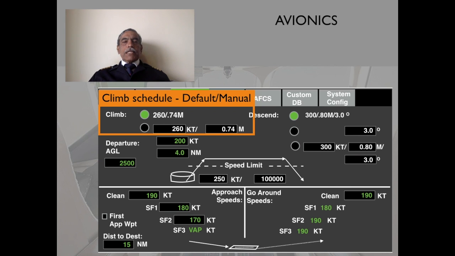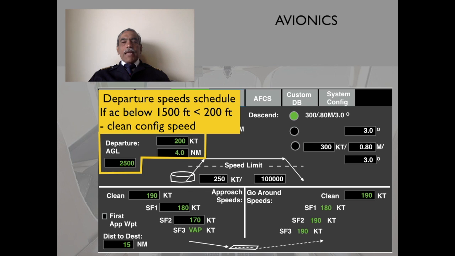Next is the departure speed schedule, when the aircraft is below 1500 feet or less than 200 feet in clean configuration. So that is what you need to configure.